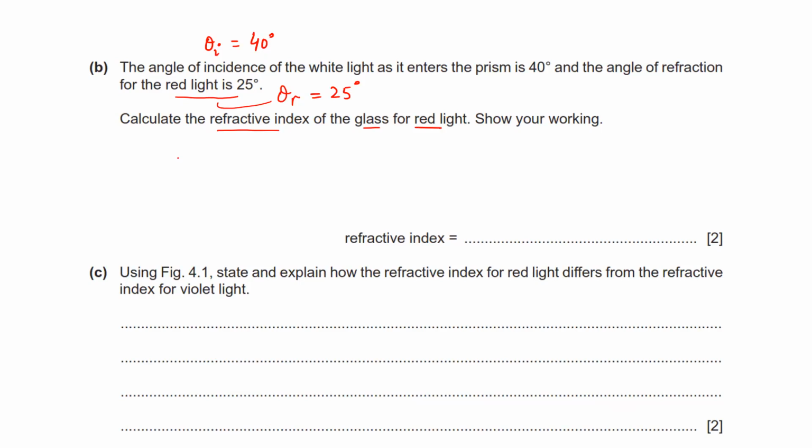So remember, we have to use Snell's law here. Snell's law says that the refractive index of air times sine of theta i equals the refractive index of glass times sine of theta r. Simply, the light is going from air to glass, so the refractive index is sine theta i over sine theta r.